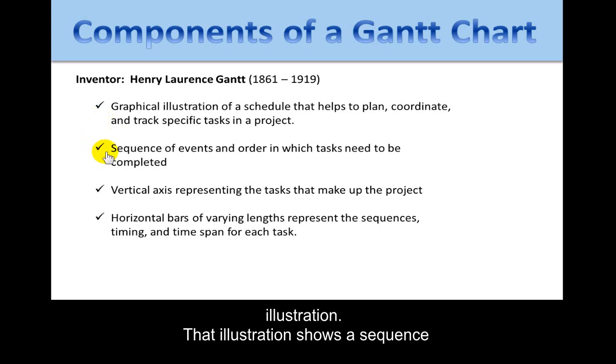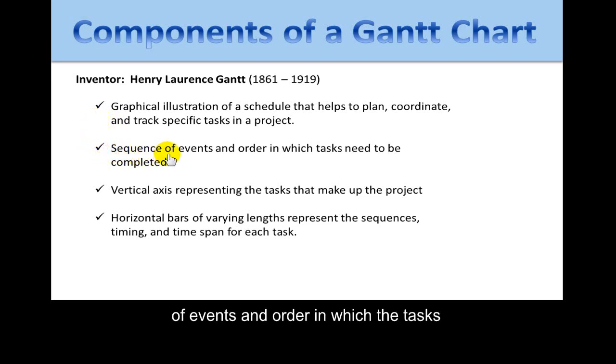That illustration shows a sequence of events in the order in which the tasks need to be completed. It's composed of a vertical axis representing the tasks that make up the project, and horizontal bars of varying lengths representing the sequences and time span for each task.